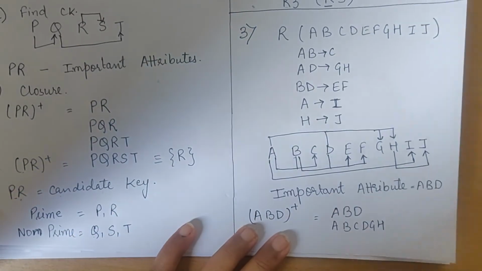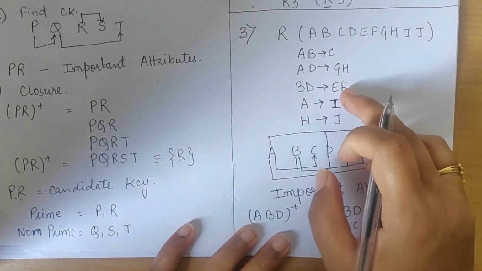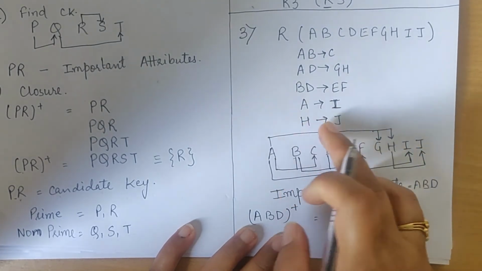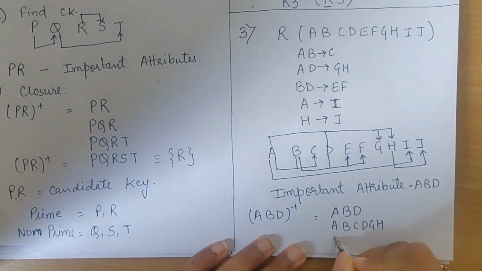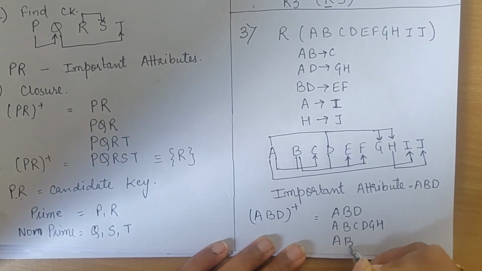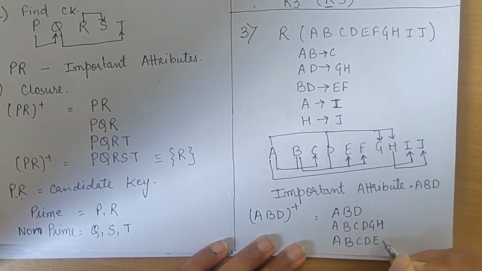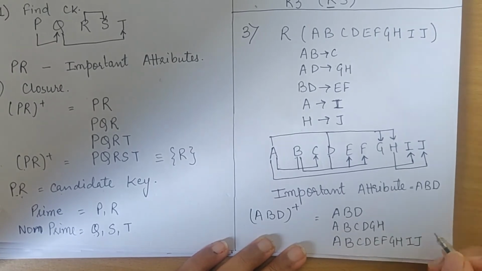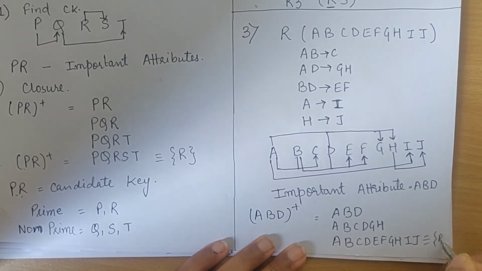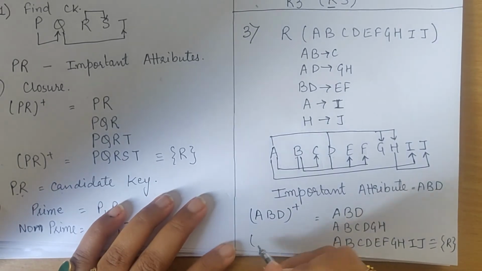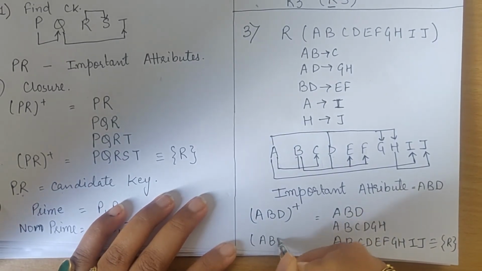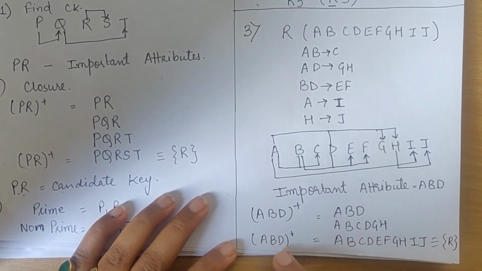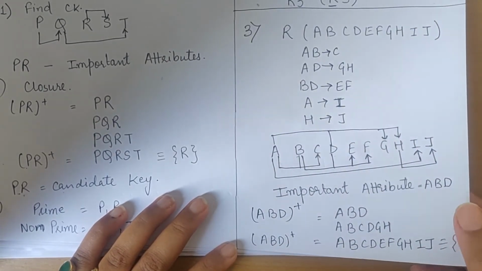Next, BD determines EF, A alone will determine I, and H will determine J. So basically I am getting the entire relation A, B, C, D, E, F, G, H, I and J. The entire relation R is computed by the closure of ABD. That means ABD is my candidate key.